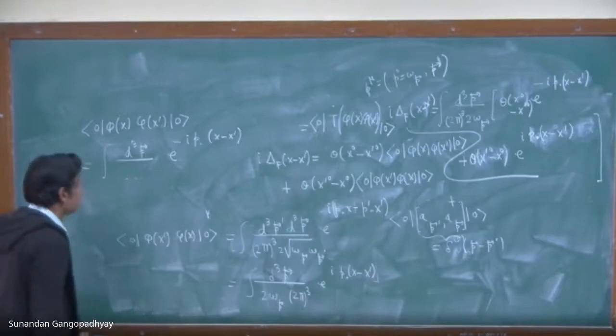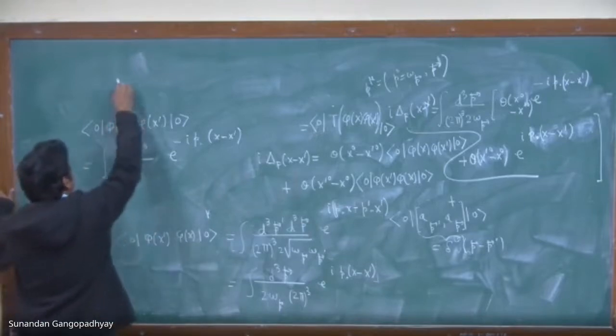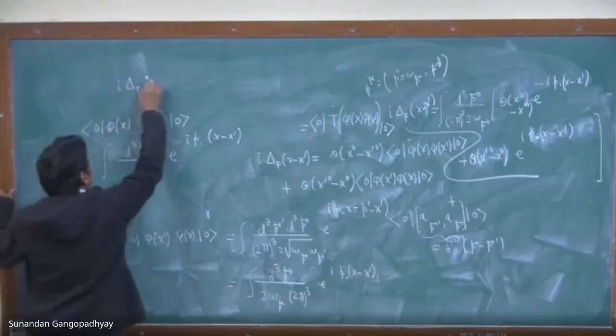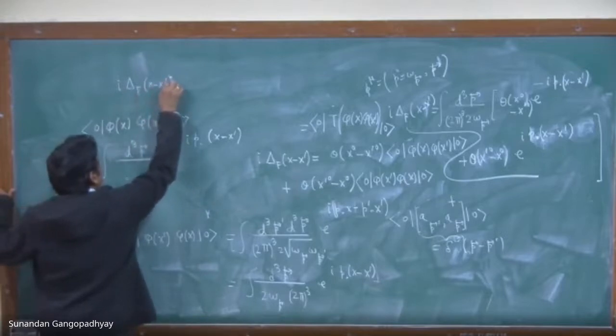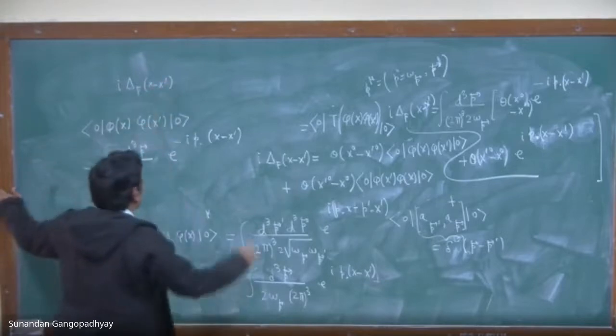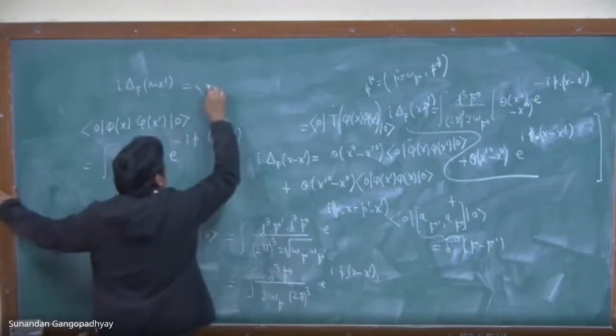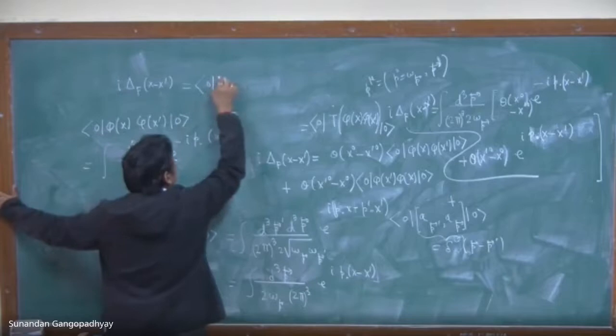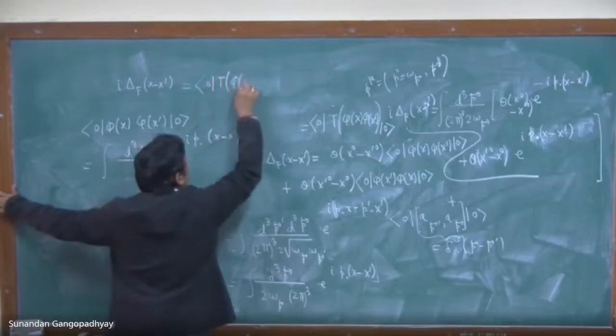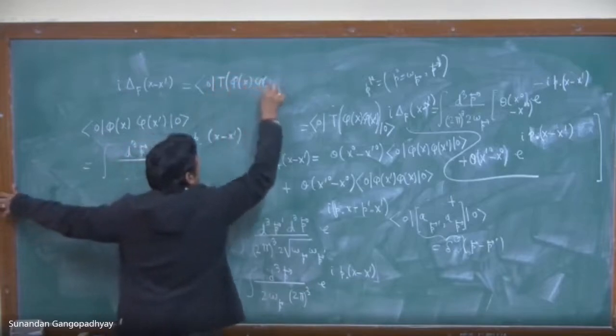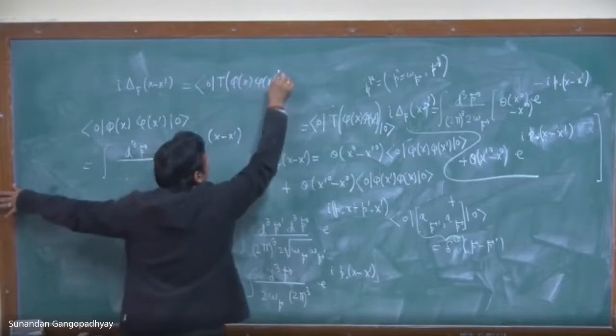So you can actually relate propagators, Feynman propagators or Green's functions of the theory, to these correlation functions that we have already discussed in the path integral course. We have already seen that these are Green's functions also.